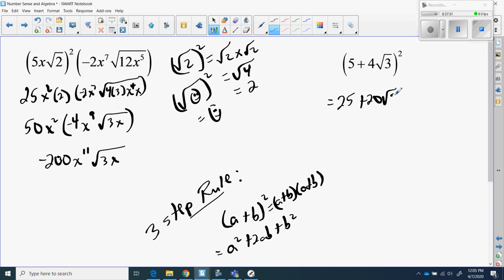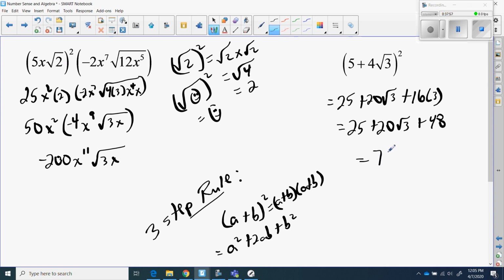The radical 3 will stay radical 3. Plus, square this one. I'll square the number in front. We will get 16. And we just talked about what happens when you square a square root. It gets rid of the radical. Now we've got 25 plus 20 radical 3 plus 48. Combine those two together.